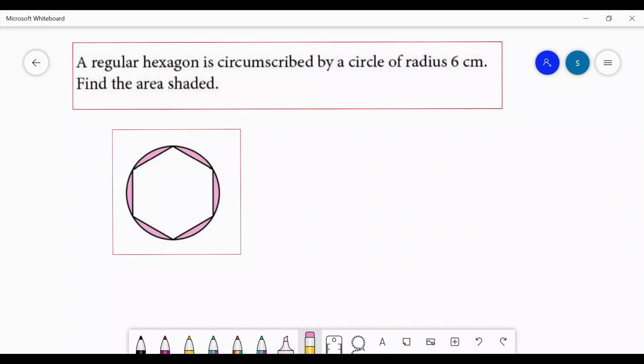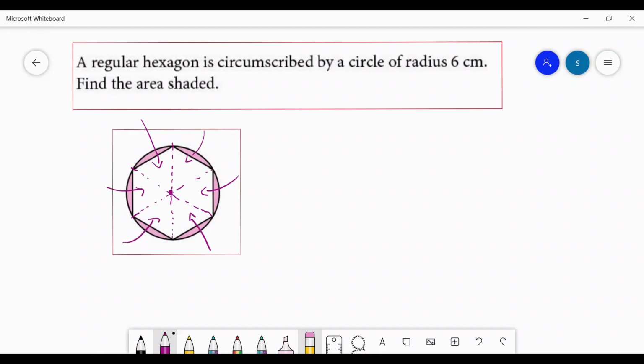Okay, here we have a regular hexagon circumscribed by a circle of radius 6 centimeters. Find the area shaded. So here let me just take the center. Let's start with the center of the circle and try to join it to the corners of the hexagon here. Now since this is a regular hexagon, each of these triangles that you see is going to be identical.